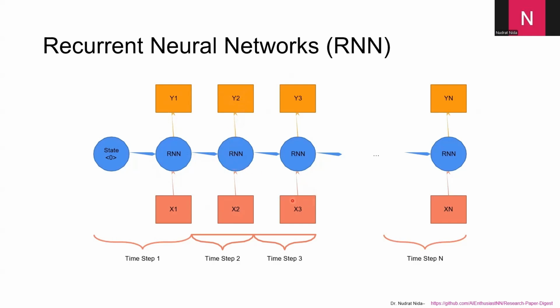Then for the third input, the third output is produced using the third input and the state of the previous node. That is how the third output is dependent upon the previous state's output and input, and the transformation function applied by the recurrent neural network. So you can see that its dependency is on the last previous state, not the entire transition of states of the recurrent neural network.